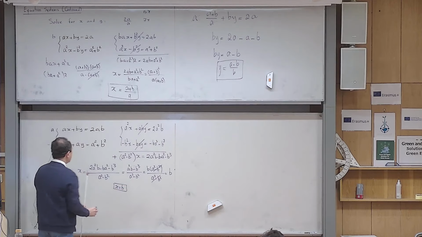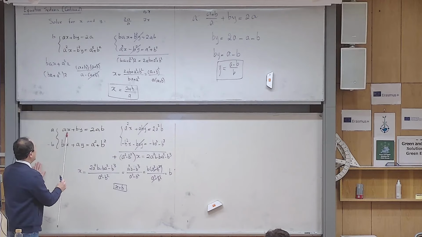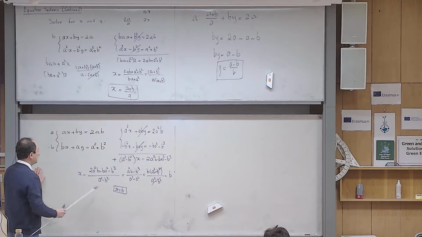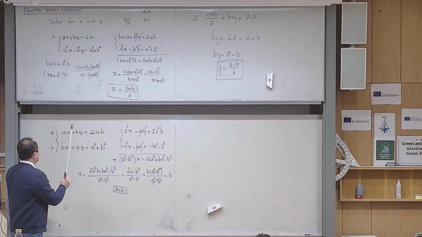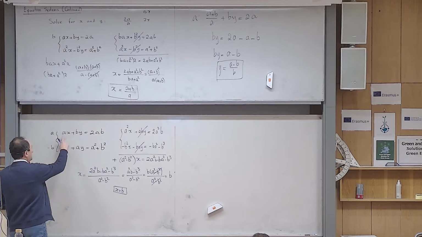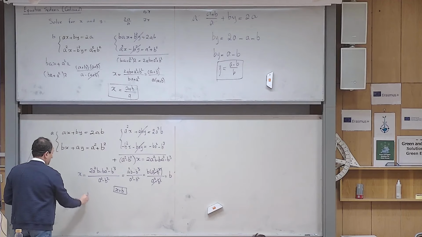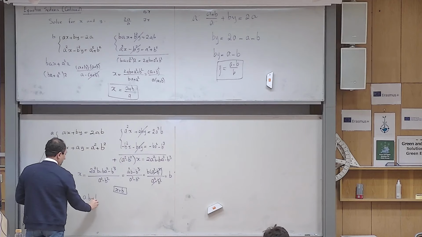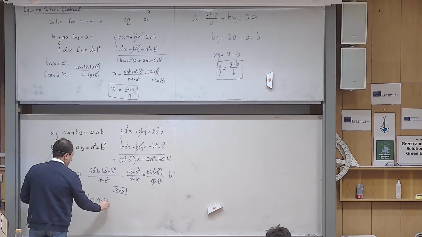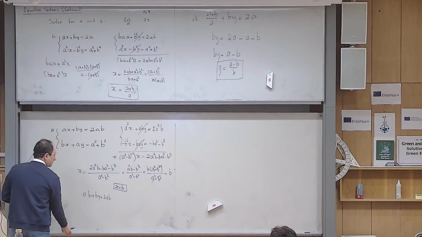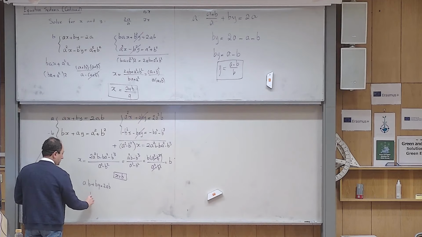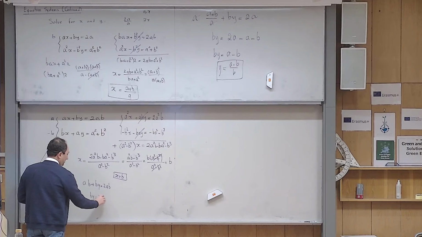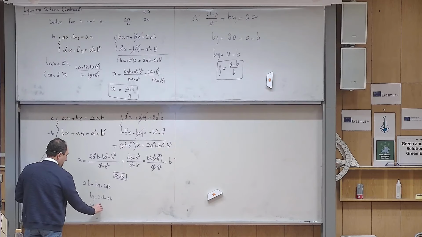And then when x is equal to b, I take it with me to one of them. It doesn't matter which one. Let me put this, for example, here. So this becomes a times x, which is b, plus by is 2ab. But my goal is to isolate y, so I move this to the other side. So by is 2ab minus ab. But 2ab minus ab has a better name, and that is ab.